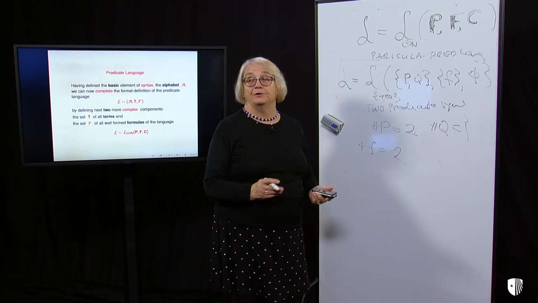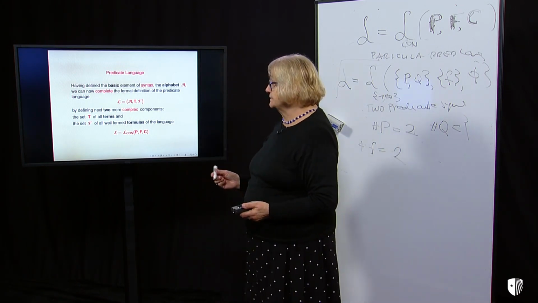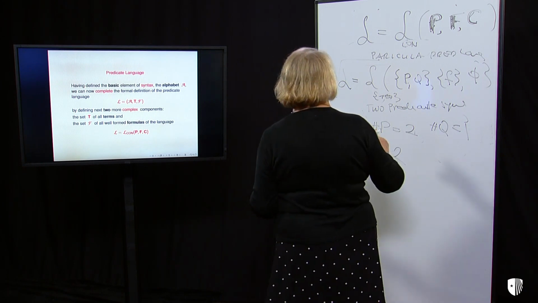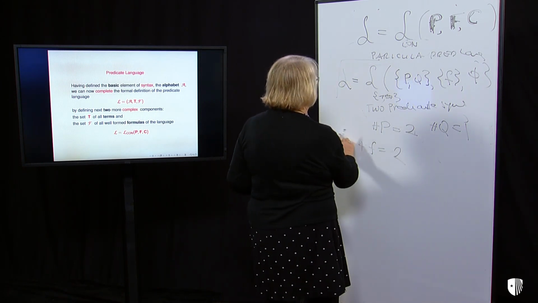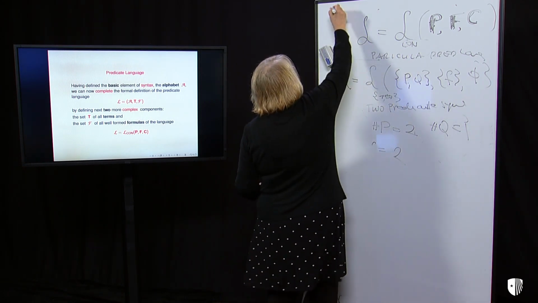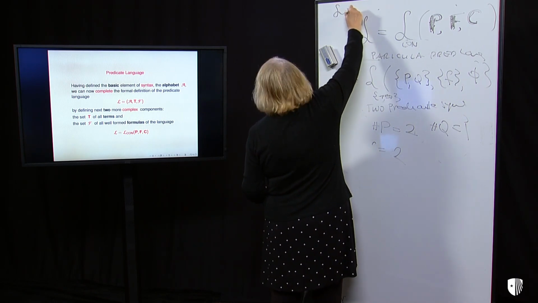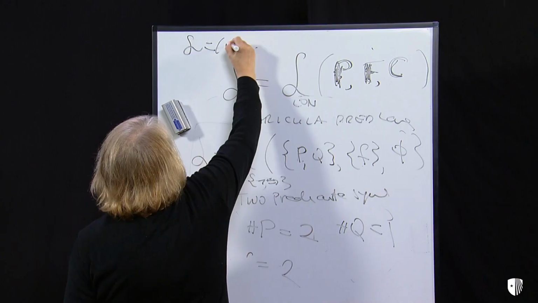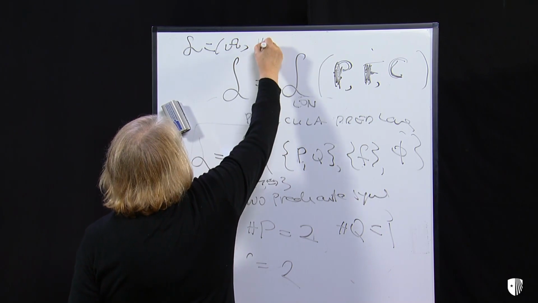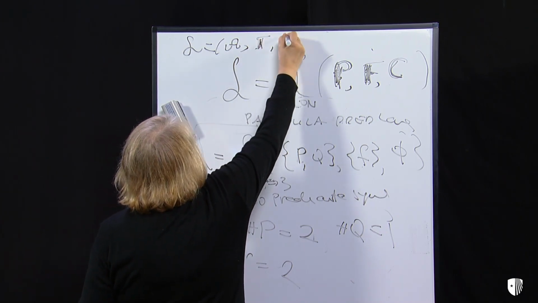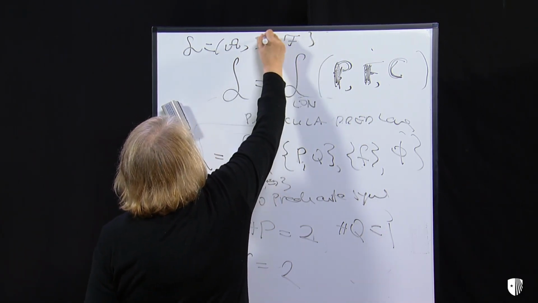And now we have to give the general definition. So this is our notation. And remember, the general definition: L has an alphabet, which we already defined, a set of terms, and a set of formulas. Terms.